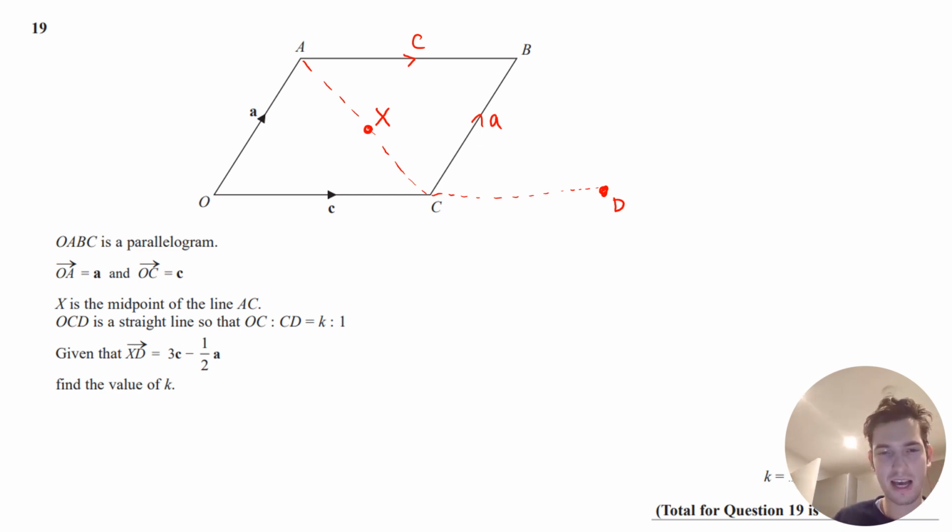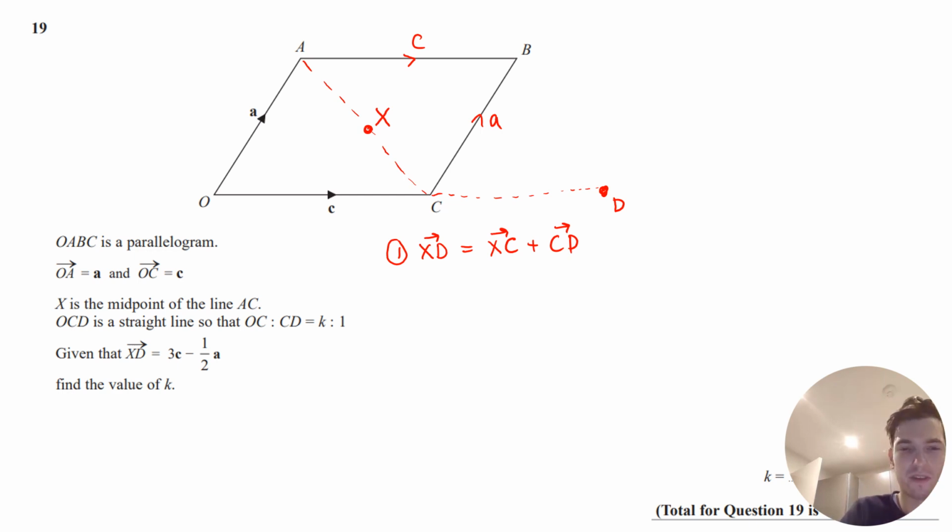Okay, so let's figure out what I need to do here. I think my first step is I need to find a vector for X to D. And I'm going to get there by doing, I think, X to C and then C to D. Okay, so X to C, I think, is easy.